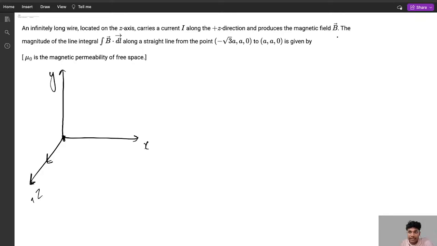The magnitude of the line integral along the line from the point x y z, that is minus root 3 a comma 0.